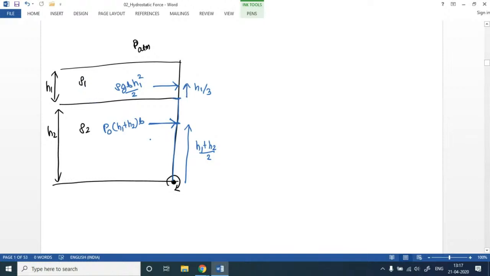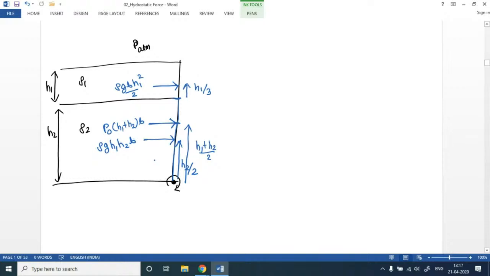So this is going to act somewhere here at the middle of, like for example, this height is going to be h2 by 2, and this force, the constant pressure would be rho g h1, and that we can multiply it with the area of this wall. So that is going to be h2 into b. So that is the another force.